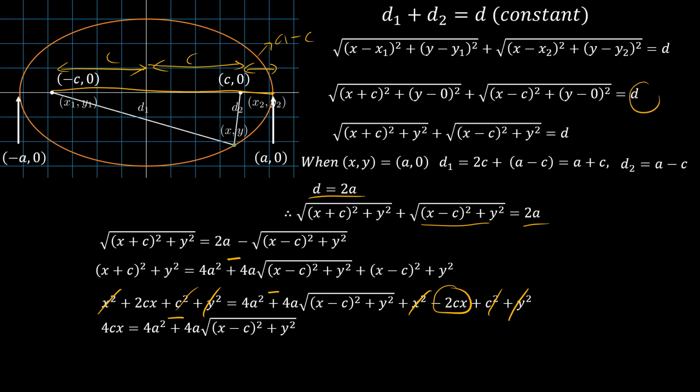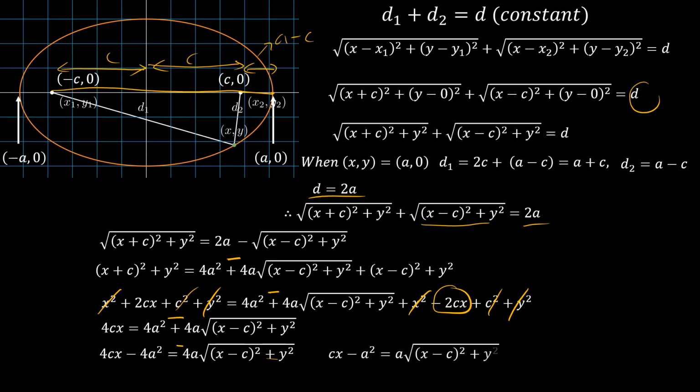So we have 4cx equals 4a squared minus 4a times the square root of (x minus c) squared plus y squared. Then if you take 4a to this side, we have negative 4a times the square root of (x minus c) squared plus y squared on the right hand side.